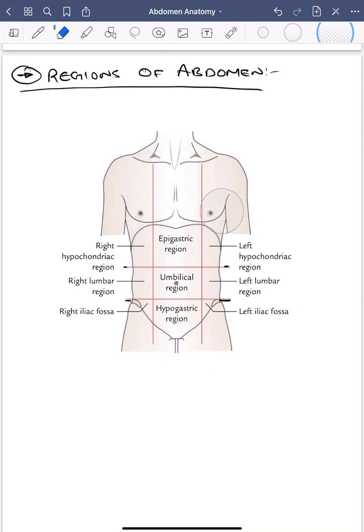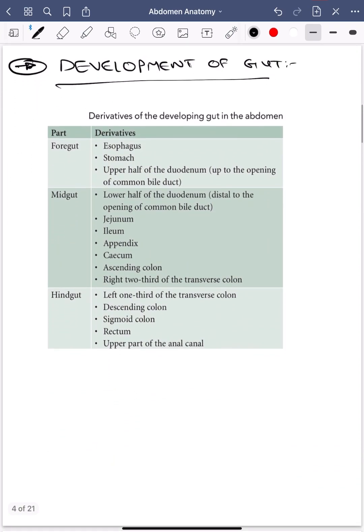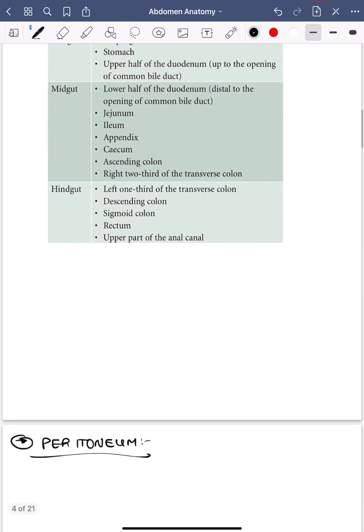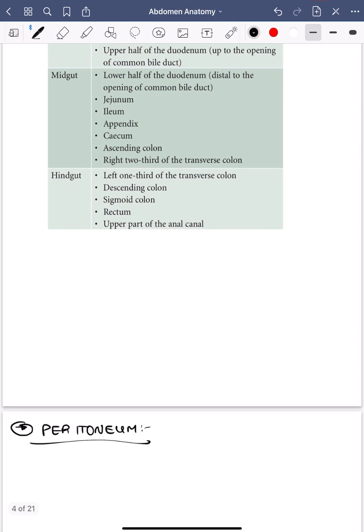Okay, now moving on, we'll talk in brief about the development of the gut. So we have a gut tube. The developing embryo has a gut tube, and the gut tube differentiates into 3 different parts.